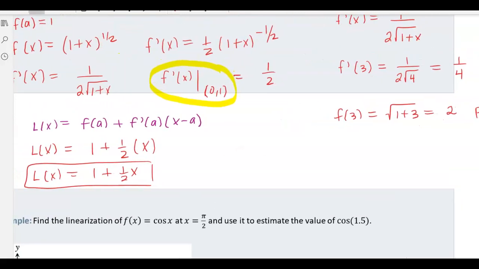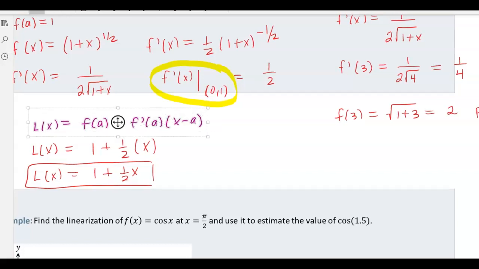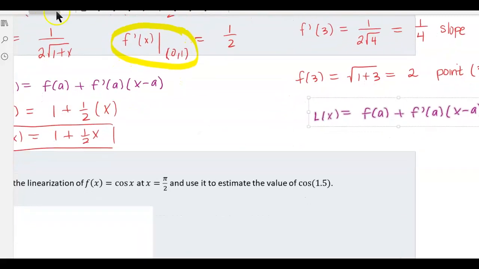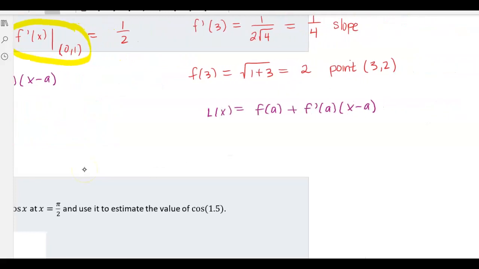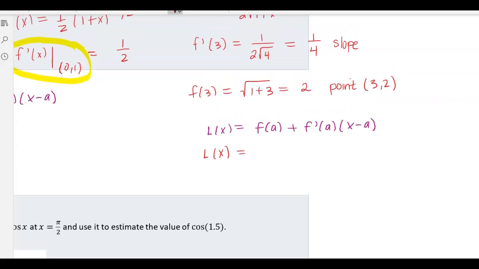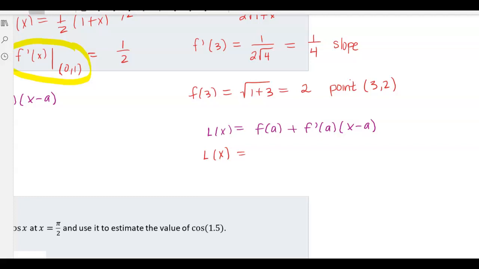So again, looking at this formula here that tells us what the linearization is going to be, paste this over here, and I'm going to make a little more room. The linearization for the function close to x equals 3 is going to be, well, let's see, when I plug 3 in, I got 2, so that'll be 2. f of a is 2.